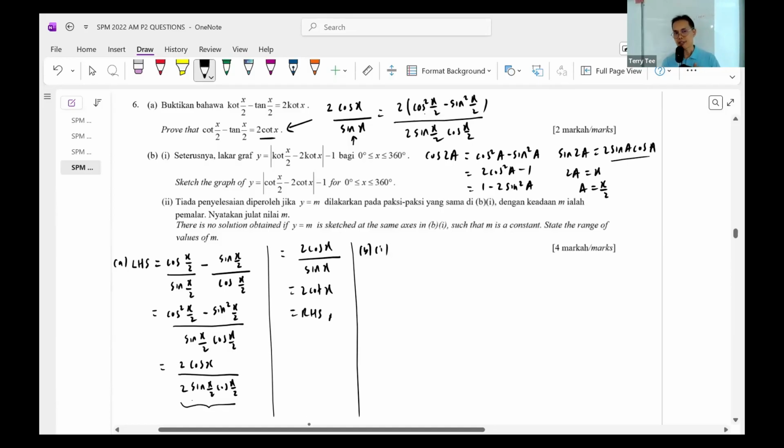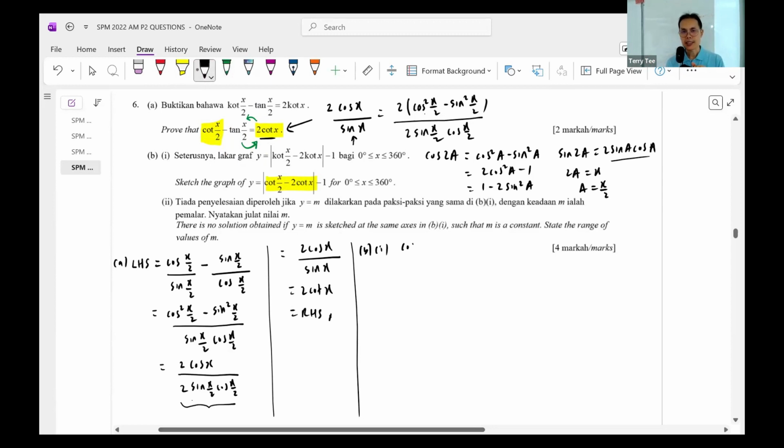B, sketch the graph. If you see this, the cotangent, you need to look back at this, and look at this. This is cotangent. What happened is the question actually rearranges. You need to rearrange this. Maybe I rewrite here.